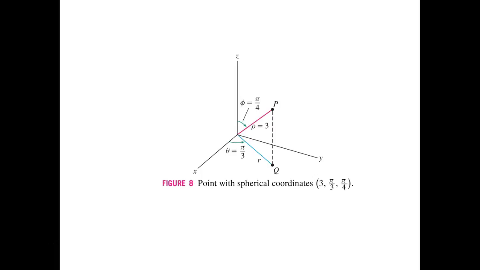So anyway, that would be pi fourths down here. If all you're given is that coordinate, all you have to do is rho, theta, phi, and that gives you the point. Rho gets you how far out, theta gives you how far around from the x-axis, and phi is how far down from the z-axis. Find where those all collide, and that's your point.